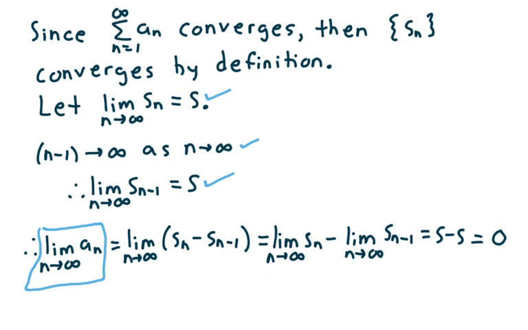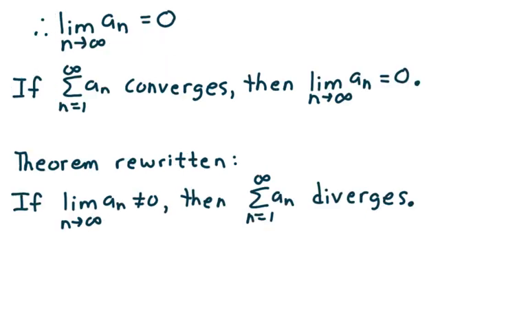But this is equal to s minus s, which is equal to 0. We're done. So we can say the limit as n goes to infinity of a sub n is equal to 0. And what we have shown is that if the series from n equal 1 to infinity of a sub n converges, the limit as n goes to infinity of a sub n must equal 0.